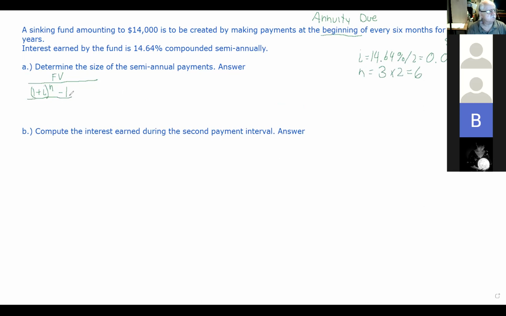All this over I. And because it's annuity due, we got to multiply it by 1 plus I. So let's see if we can make sense out of that. The future value is 14,000. 1 plus I to the power of N minus 1 over I. 1 plus I.